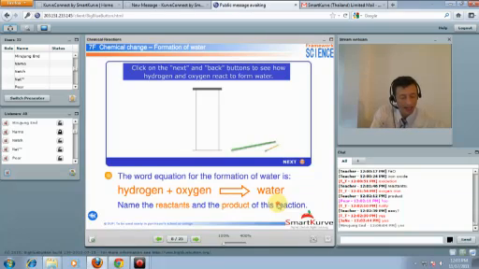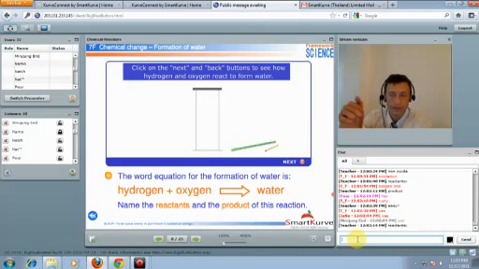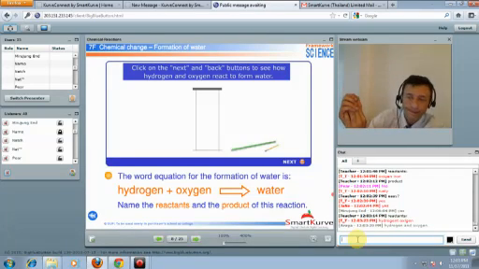What are the reactants? Hydrogen and oxygen. Very good.